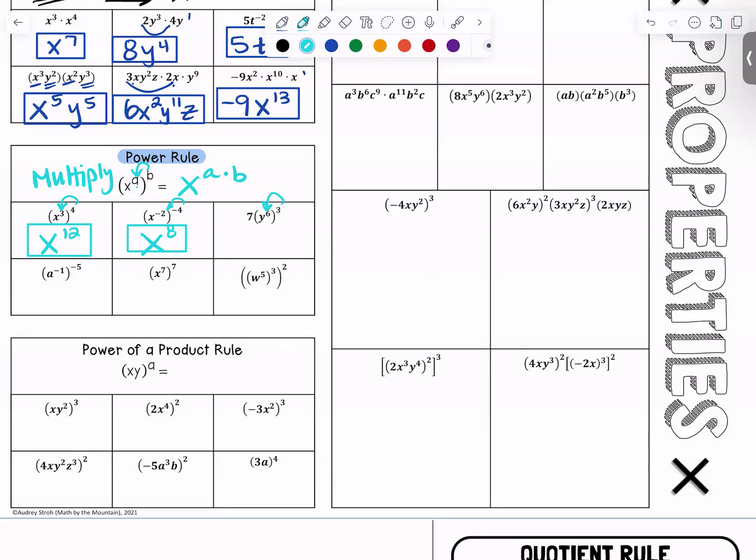So it's not going to jump onto the 7 because 7's not inside the parentheses. So you're looking at 7y to the 18th power, because 3 times 6 is 18. But the 7's not going to change because it wasn't inside the parentheses. This one, negative times negative, positive 5. 7 times 7 is 49.